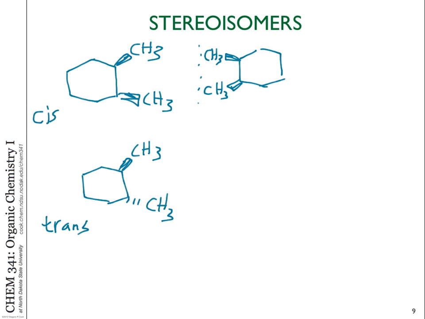It has configuration centers, but there's a plane of symmetry, and if you rotate this around, it'll line up again. Yes, meso. Why wasn't the 1,4, why wouldn't we call the 1,4 cyclohexane meso? Were there centers of chirality in the 1,4 stereoisomer? Or the 1,4 molecule?